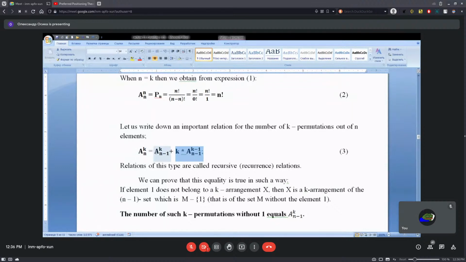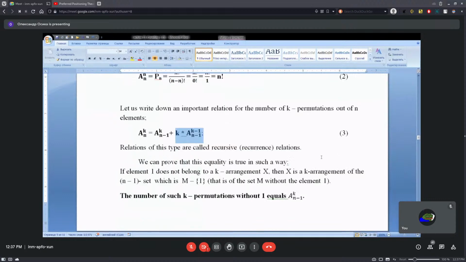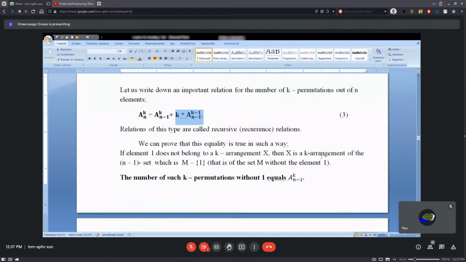That's why we may have either permutations with element 1, or here with element 1, or without element 1. K permutations. Either this or this. That's why we use the rule of sum to get the total number of such permutations.